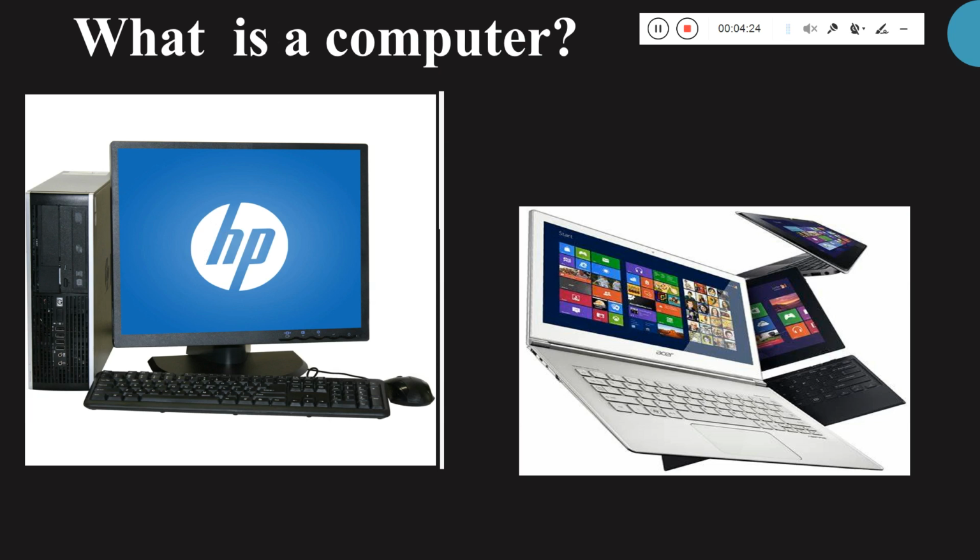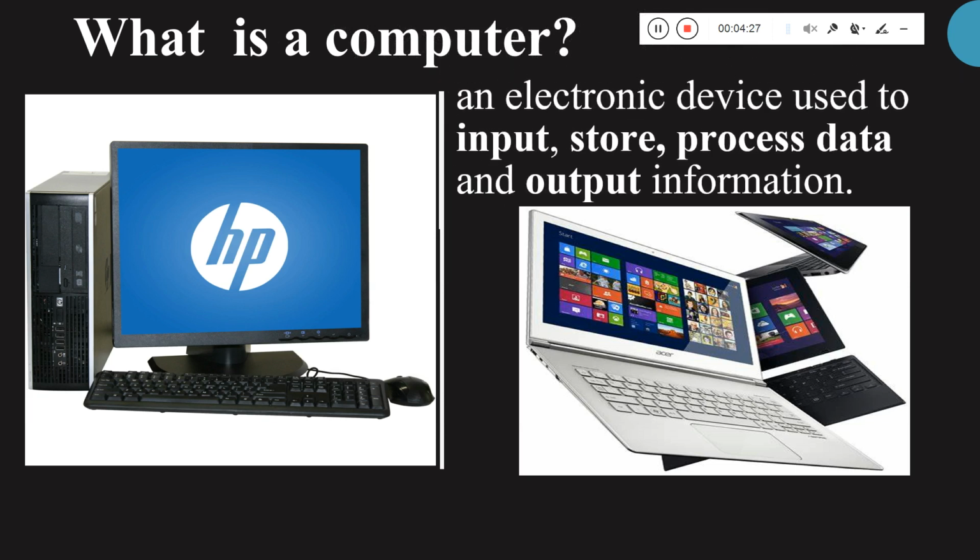Now, let us try to define what this computer is. You should be able to define a computer as an electronic device which you can use to enter something, and then you can decide whether to save that which you've entered into the computer. Then you expect whatever you enter to be processed. At the end of it, you expect some information to be displayed, and we are calling it output.